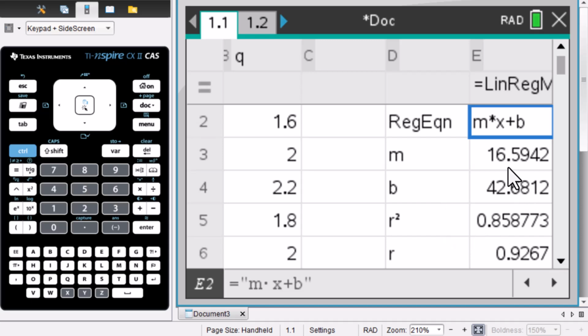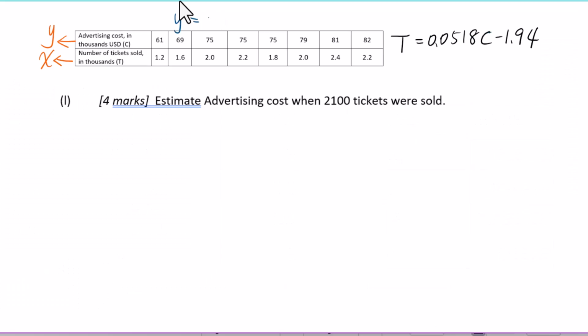This time, we got y equals 16.6x plus 42.7. This time, y is c, x is t.